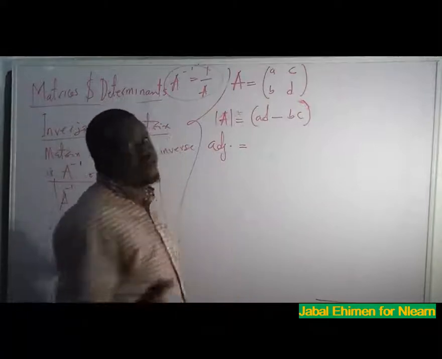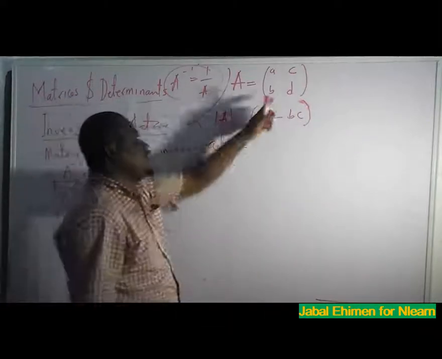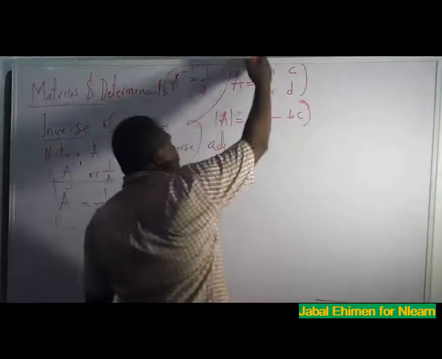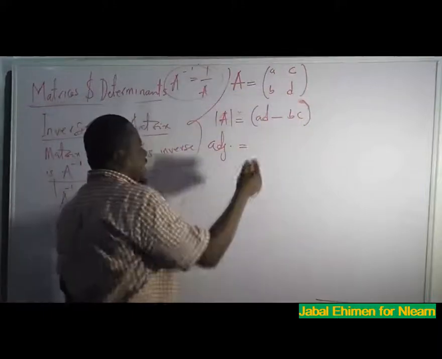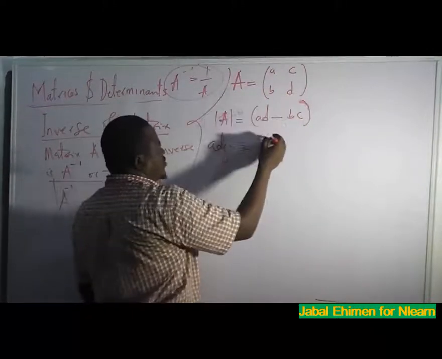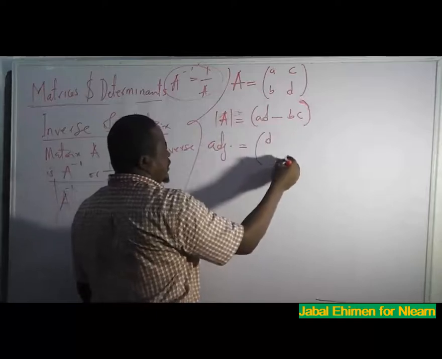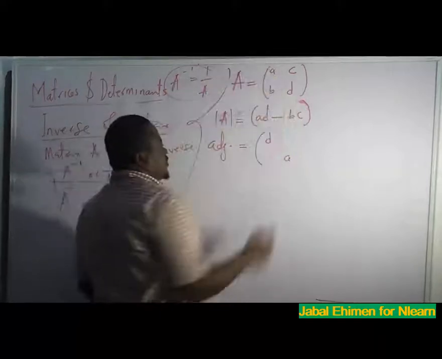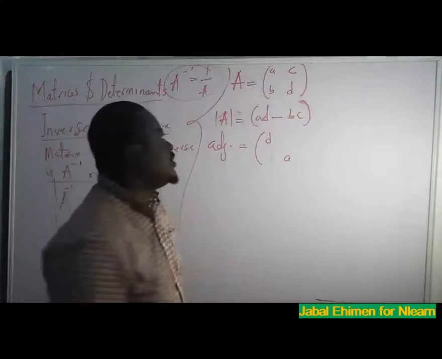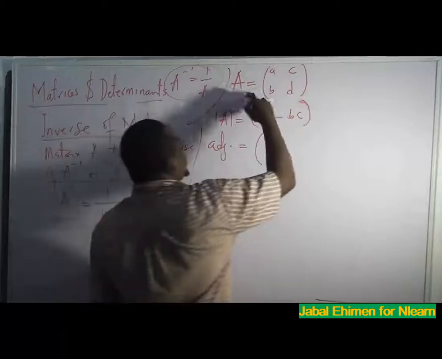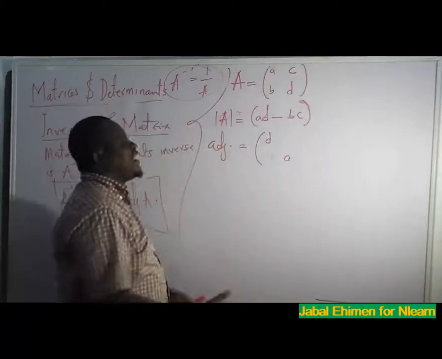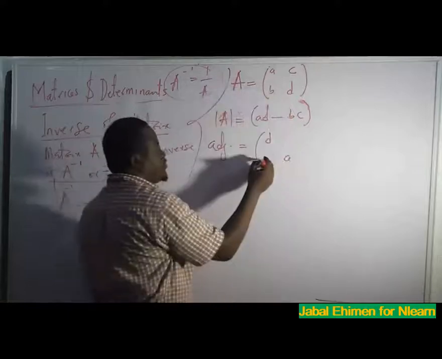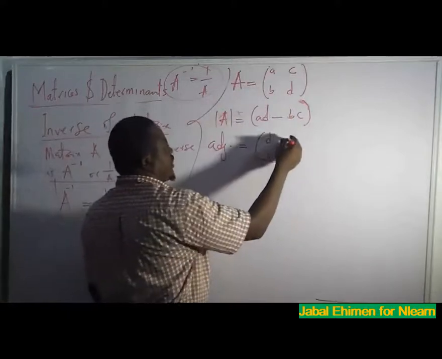All I need to do when I want to take the adjoint is to interchange the principal diagonal. If I interchange the principal diagonal, what I have there will become D, A. I've interchanged them. So what about the non-principal diagonal? I will apply a negative sign, so they become minus B, minus C.